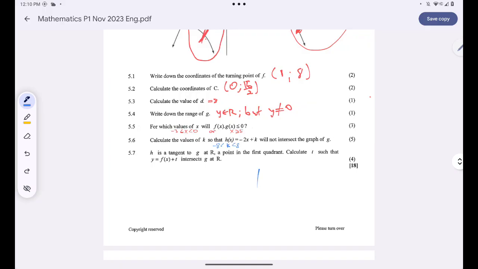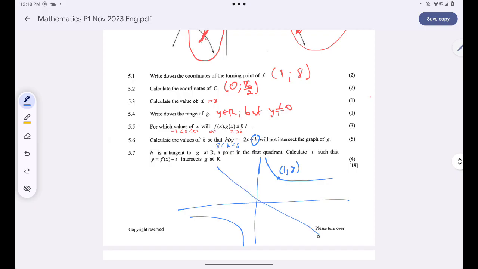It simply means that remember that we have our curve like this, and we have our point here, which is 1 and 8. So this graph, the y-intercept here has to be between negative 8 and 8. So that means our graph just looks like this.